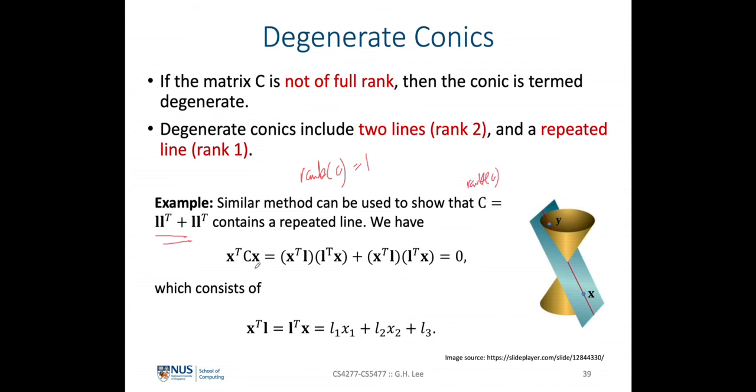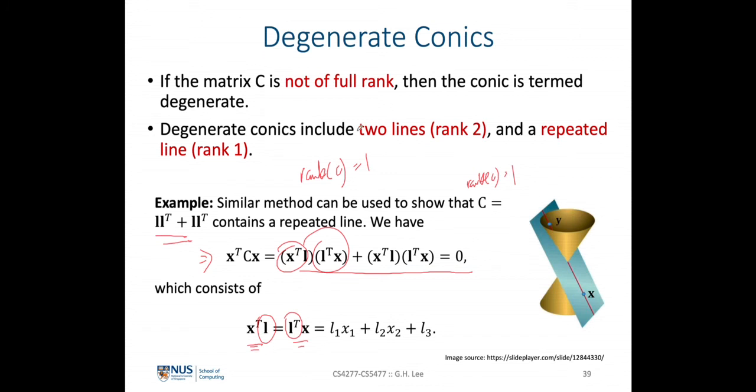In this case, we can put the same equation into our conic equation to get this particular relationship, which equals 0. It's not difficult to see that this consists of two terms which are the dual of each other, which highlights the point-line relationship. Hence, L here and L over here would be the same repeated line with rank 1 forming the conic.